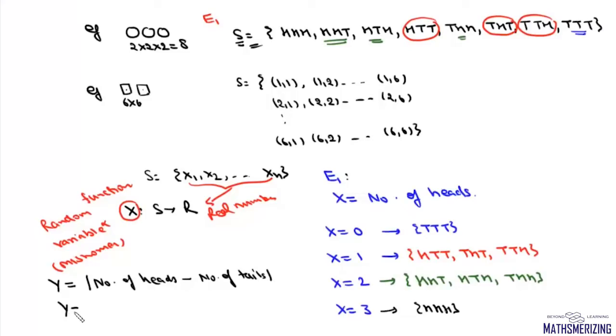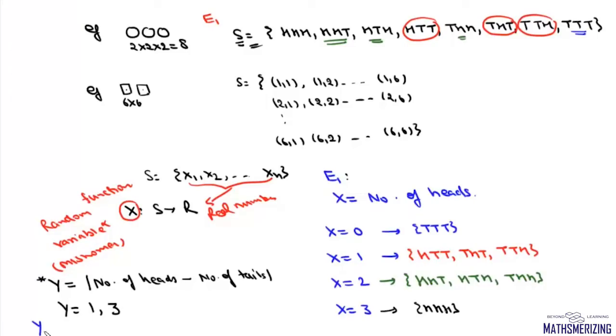Now in this case, Y cannot be 0 because number of heads cannot be equal to number of tails. So Y obviously is going to start with 1. Now it cannot take the value 2 because 2 has to be 3 minus 1 and that is not possible. Or it can have this value 3. So in this case, this random variable Y can take only two values, 1 and 3.